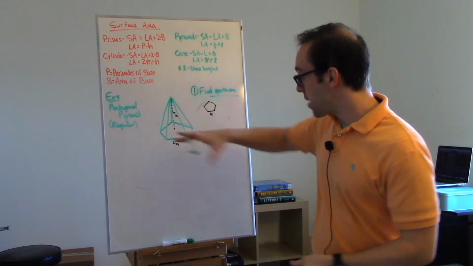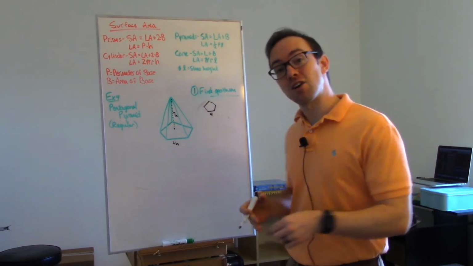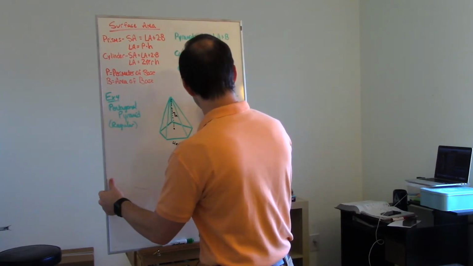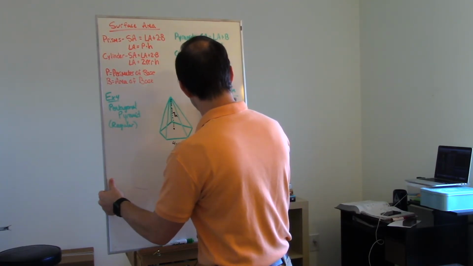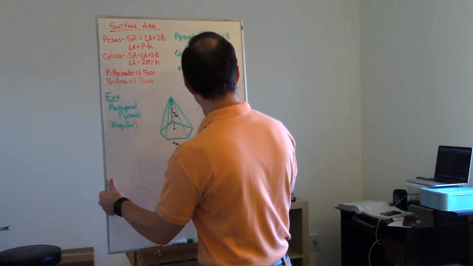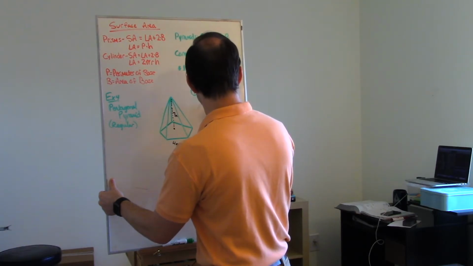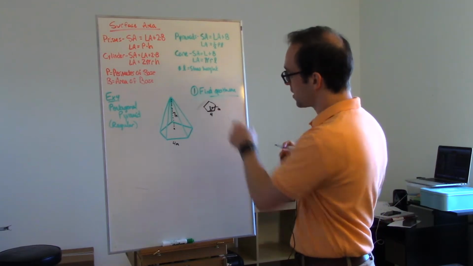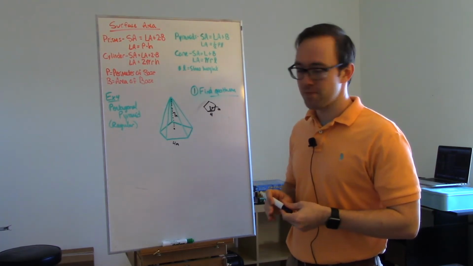So if you think about the base of the shape, it has a length of 4 on every side. And then our apothem is going to be there in the center.